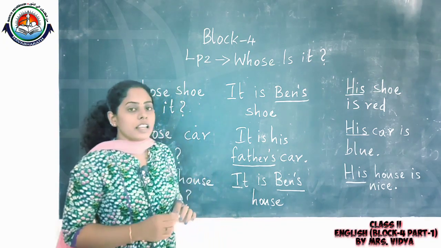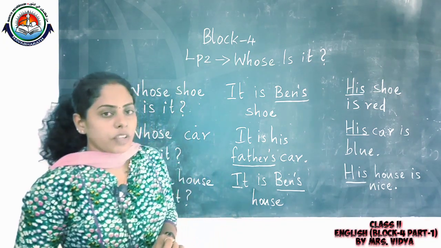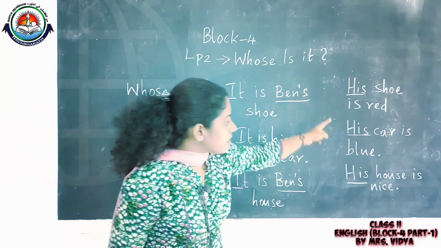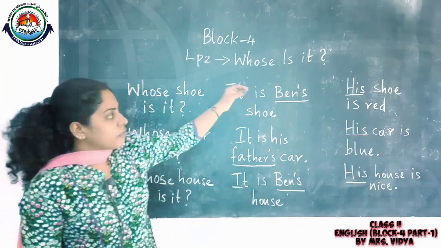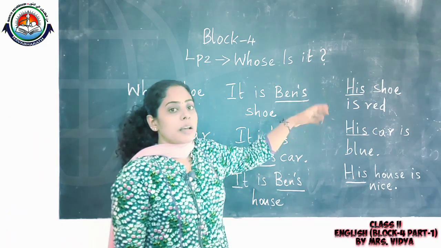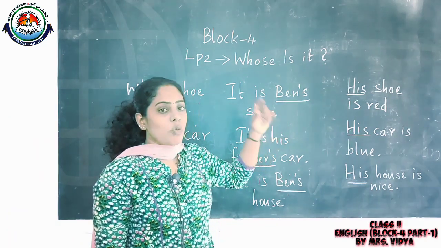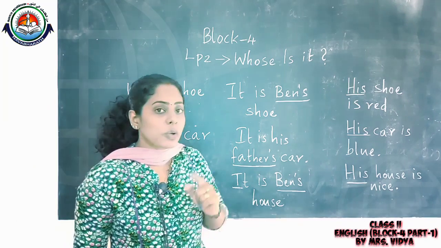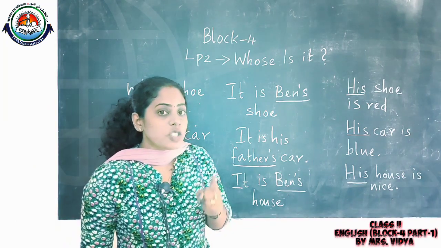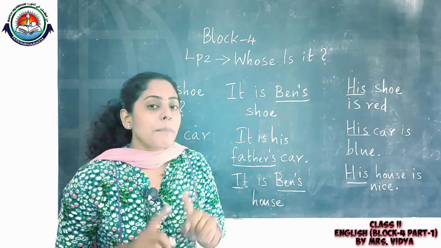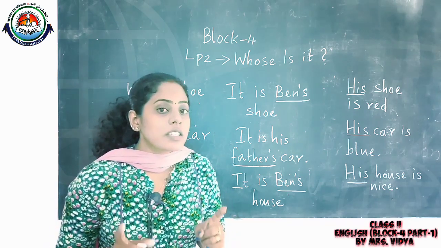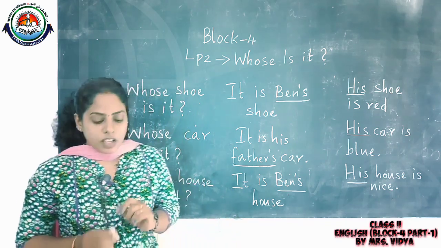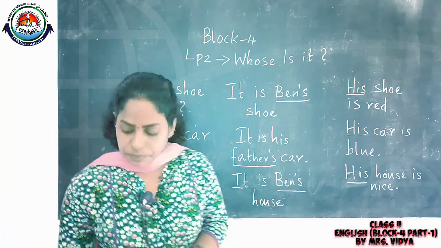In these sentences, instead of the name, we have used some other words. So what those words are called, do you know? It is possessive pronouns. So look at here, children.